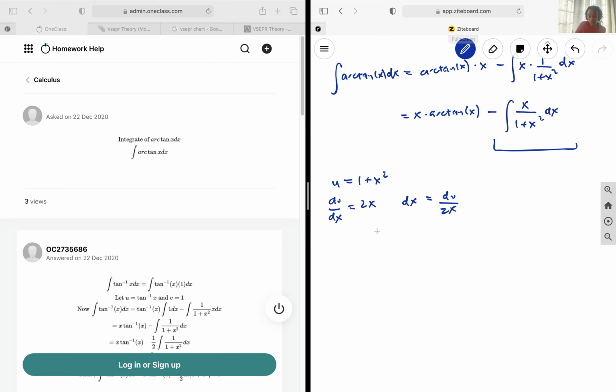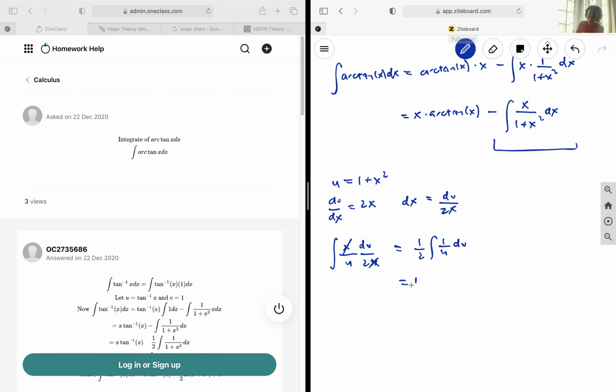We're going to put that all back in, and we get the integral of x over 1 plus x squared, x over u, because we've set u as 1 plus x squared. And then dx is equal to du over 2x. These two will cancel, leaving du over 2, and so we get 1 over 2, the integral of 1 over u du.